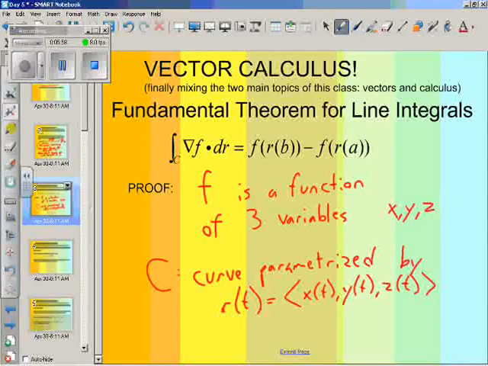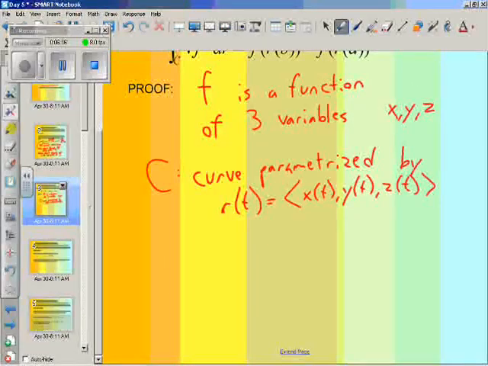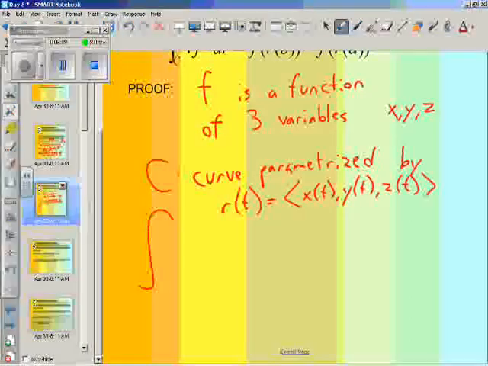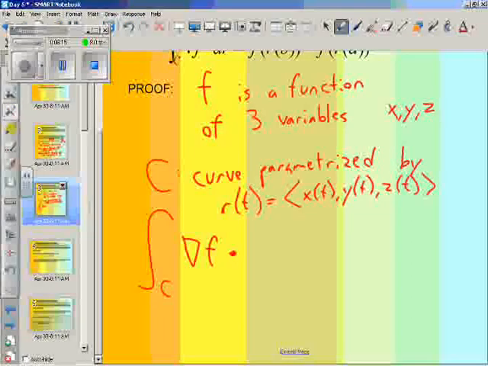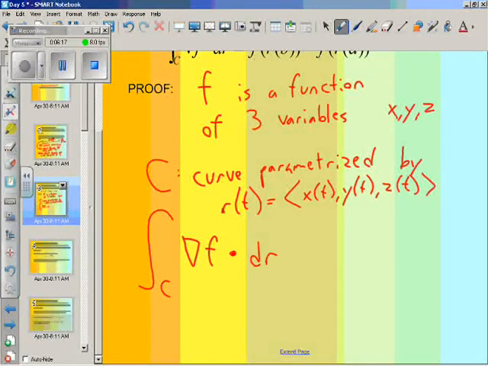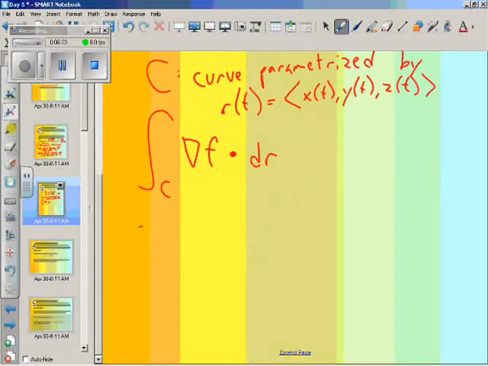Let's take a look at what this integral is going to look like. We have the integral over C of the gradient vector field of f dotted with dr. The first thing we want to do is rewrite this.